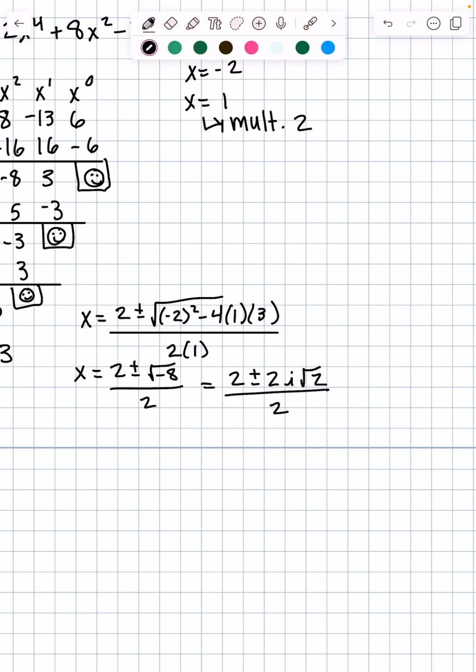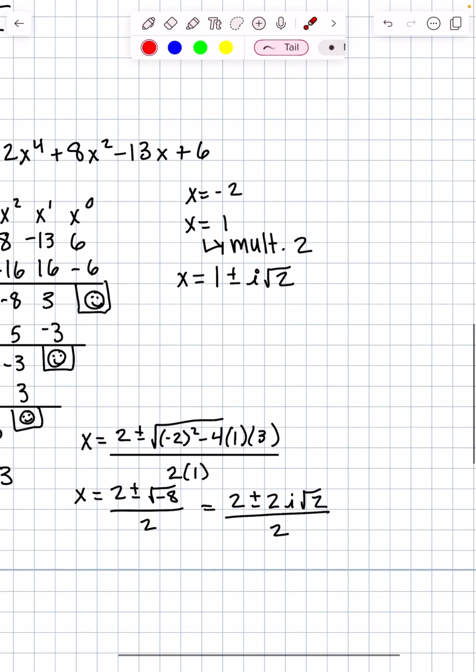So again, this is very quick, but our final answer here would be x is equal to 1 plus or minus i root 2. Okay, because when we cancel out all of these 2's, that's what I would be left with. So again, here are our answers: 1, 2, 3, 4, 5. All of our 5 answers there.